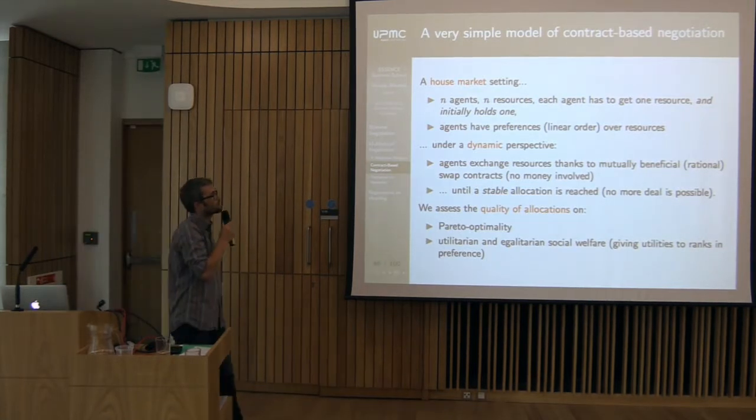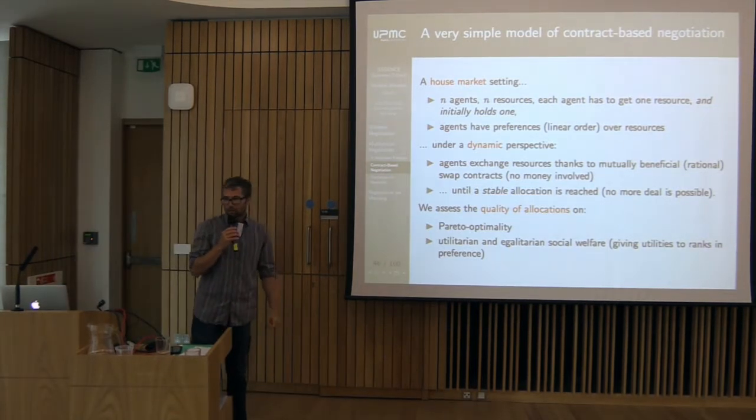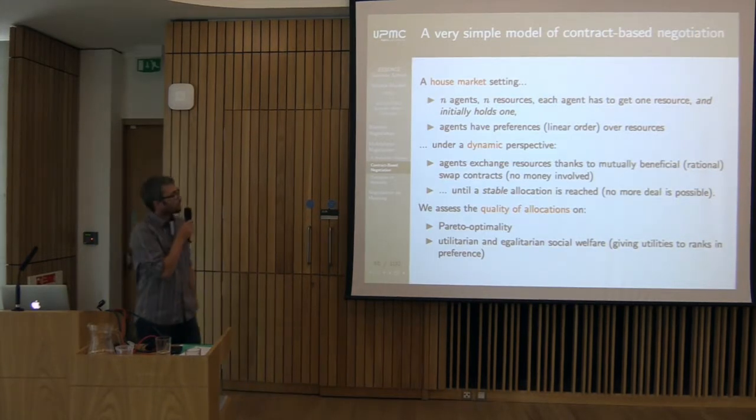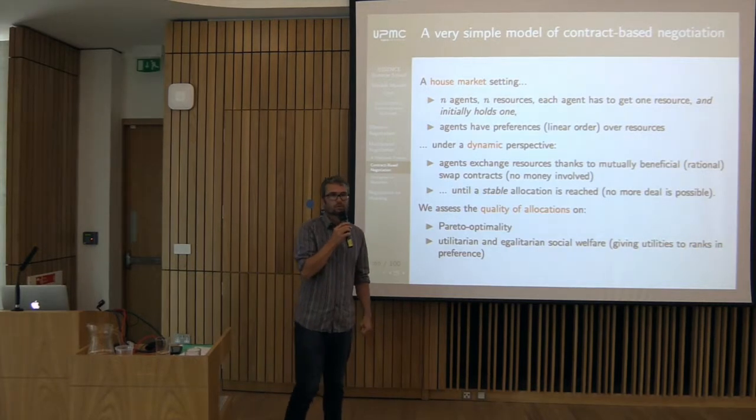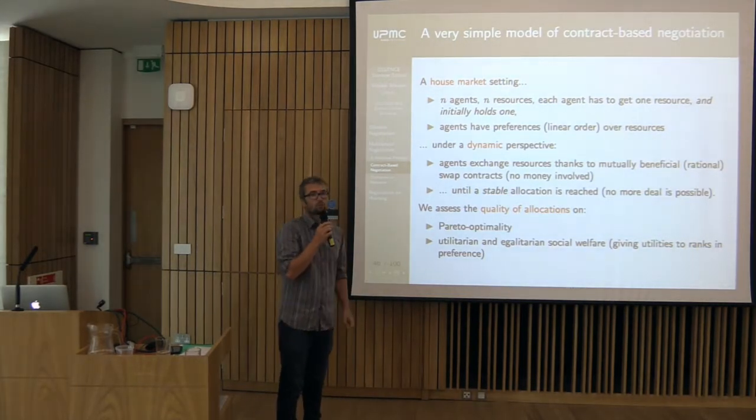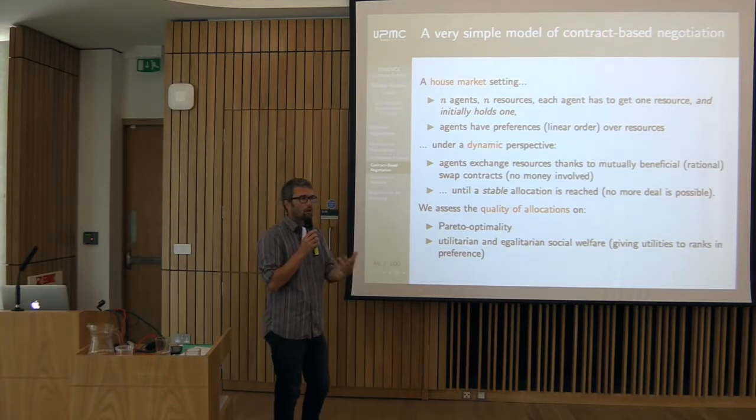In economics, this is called the house market. And what is the situation? You have n agents, the same number of resources, and you have to allocate 1 resource per agent. This is called the house market because you typically have 1 house to start with.